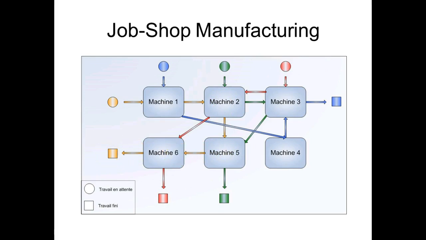The green one comes in and does what? Goes to machine 2, goes to machine 3, goes to machine 5, and it's through. So all the machines are basically, you can't say they're dedicated, because most machine shops are going to be either CNC machines or manually operated machines.